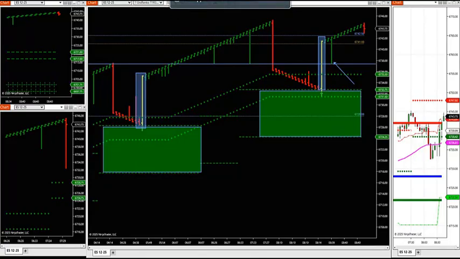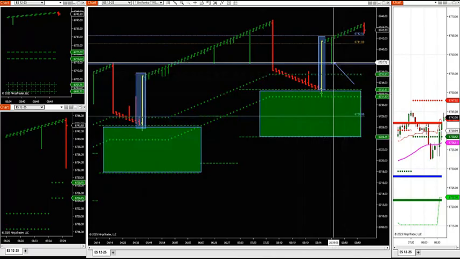Okay? So this is where you look for potential reversals. A low volume node is a point of rejection, guys. That's what it is. It's just a simple point of rejection or reversal.